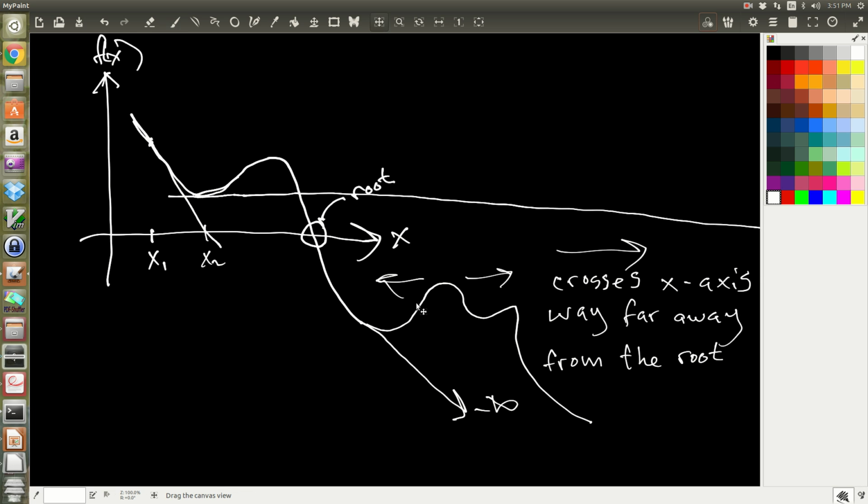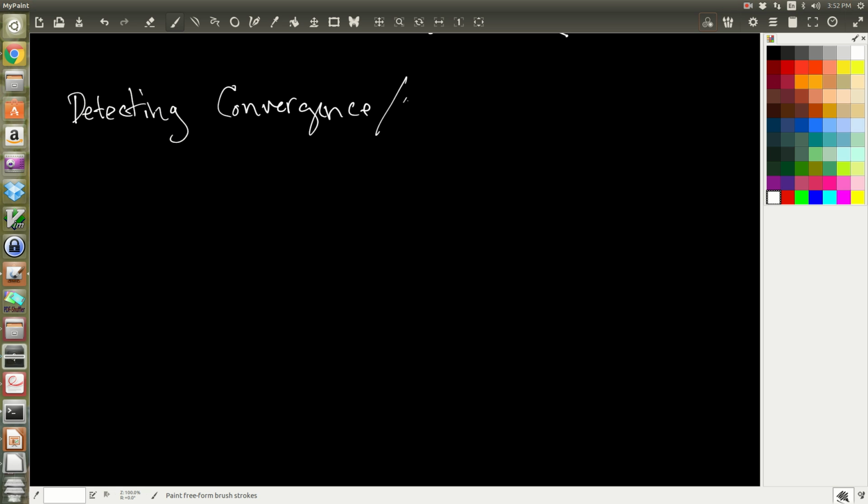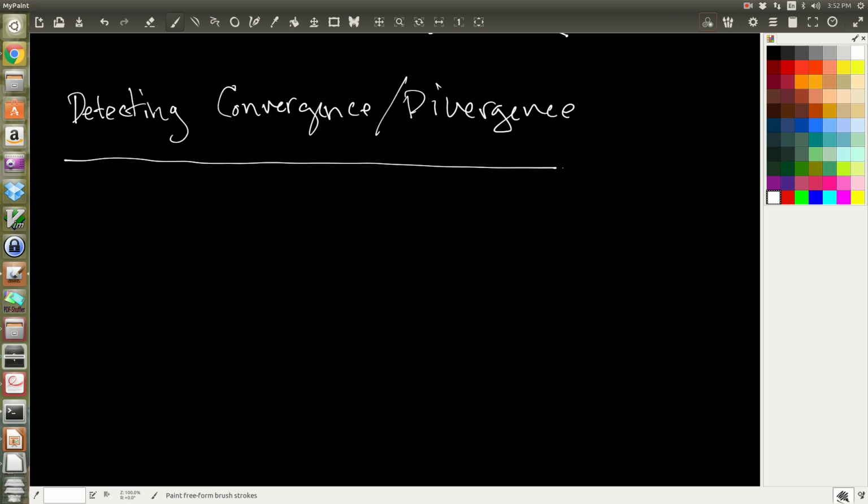And typically the way that we detect convergence or divergence for open methods is the same as the way we do with bracketing methods. The way we do that is we typically measure the error. We can use the approximate error.